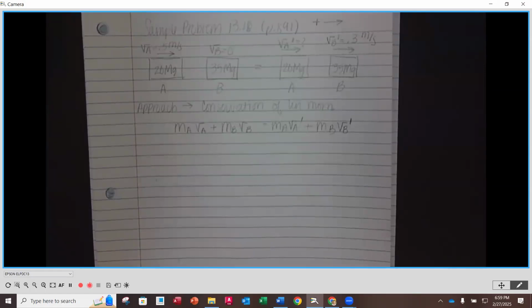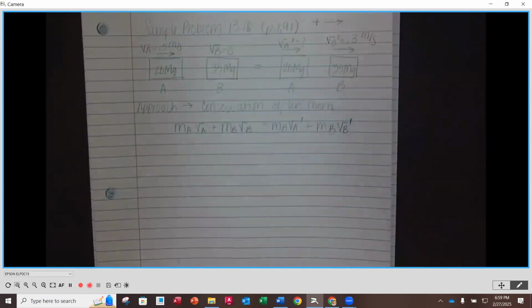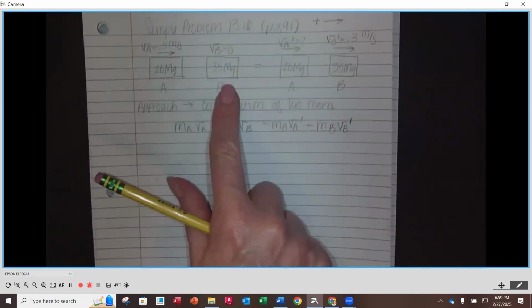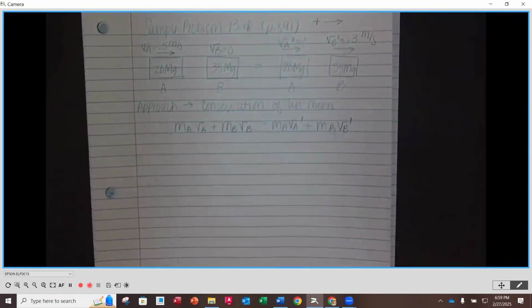So now we can put in our values. You're going to notice here that we have megagrams for everything. Normally we are dealing with kilograms, but I'm not going to change these to kilograms because this would be 20,000, 35,000, 20,000, 35,000, and then we've got all those zeros to deal with. Because they're all megagrams, we're just going to use the 20, 35 for each one, and they're going to cancel out anyway because we're solving for velocity.